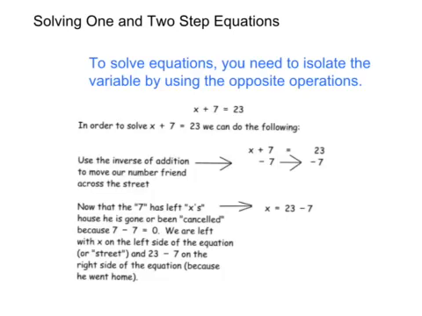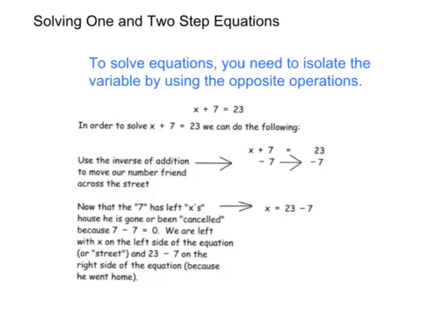So here's a problem that's worked out for us to take a look at. I've got x plus 7 equals 23. It's a one-step equation because the only thing I have to do is add. Well, to get rid of adding, we subtract. So I'm going to subtract 7 from both sides. Whatever you do to one side, you have to do to the other.